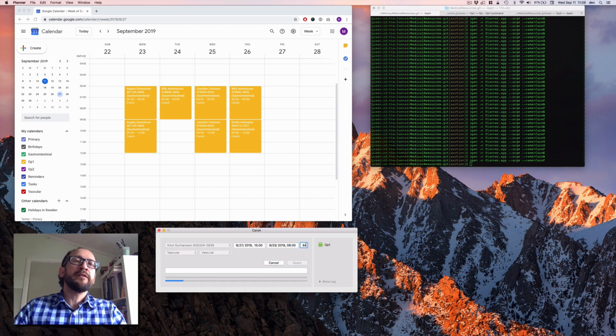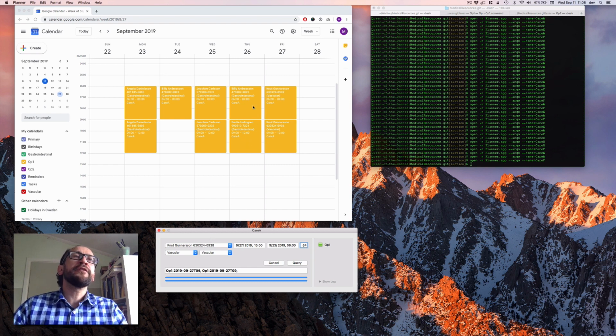Normally, the default priority of 84 is enough to also get a time slot here in the middle, but because OP1 has been programmed so that no vascular surgery is allowed after gastrointestinal surgery on the same day, the only option left for Knut Gunnar, even though he has a pretty high priority, is only on the Friday, because all these other 4 days from the 23rd to the 26th have been occupied by gastrointestinal surgeries.